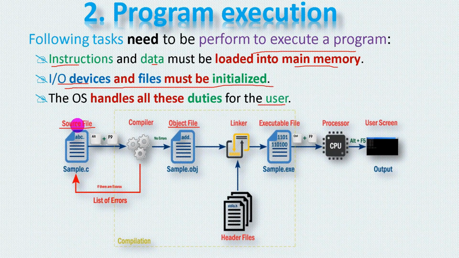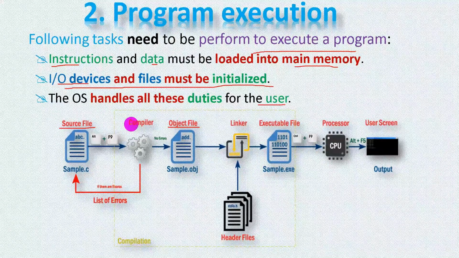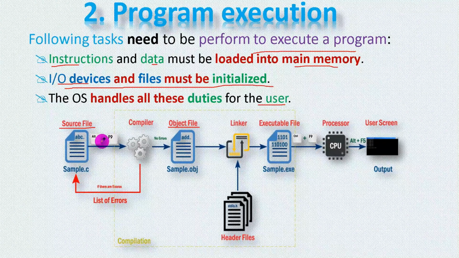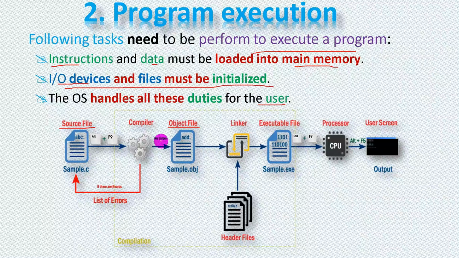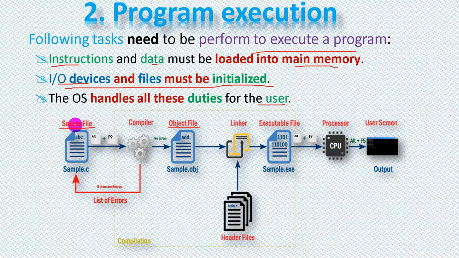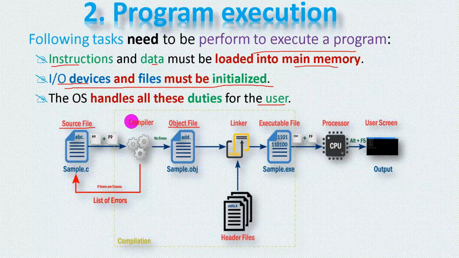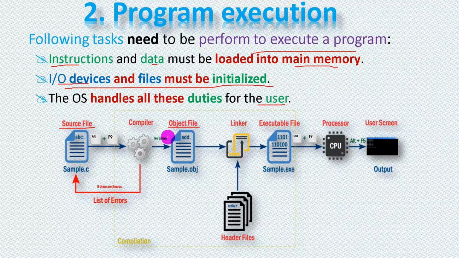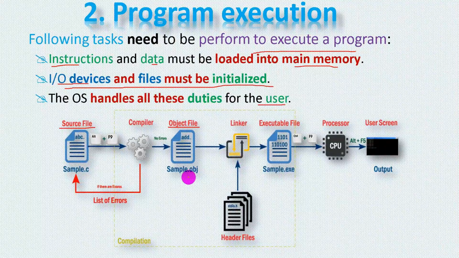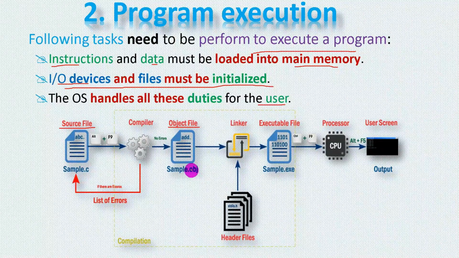In order to convert this source file to object file, you may use a shortcut, which is Alt plus F9. If there is no error, the compiler directly translates this high-level language or source file to object file. After it translates to object file or machine language, the file extension is .obj.